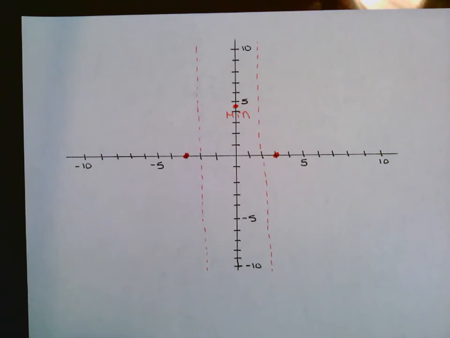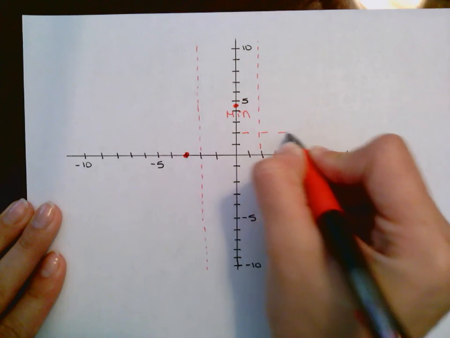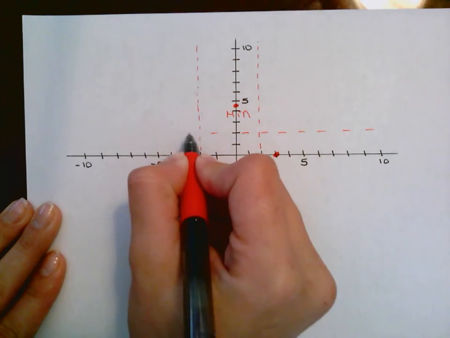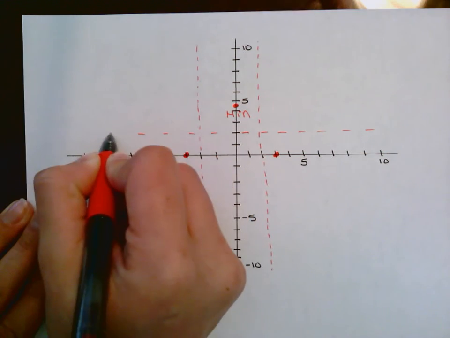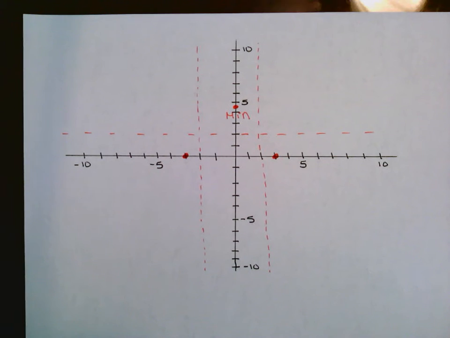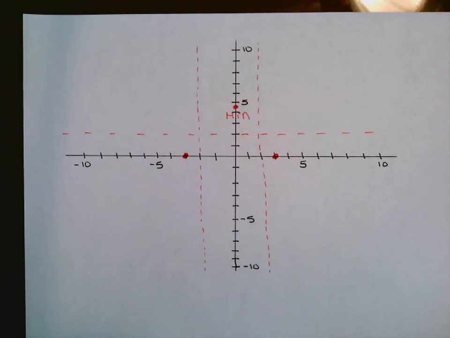I also know that I have a horizontal asymptote at +2. So at +2, I'm going to draw my horizontal asymptote. Okay? So that's what my asymptote should look like. Okay? Moving on, I know that my end behavior is going to shoot out towards 2. So that's something I can keep in mind as I draw.